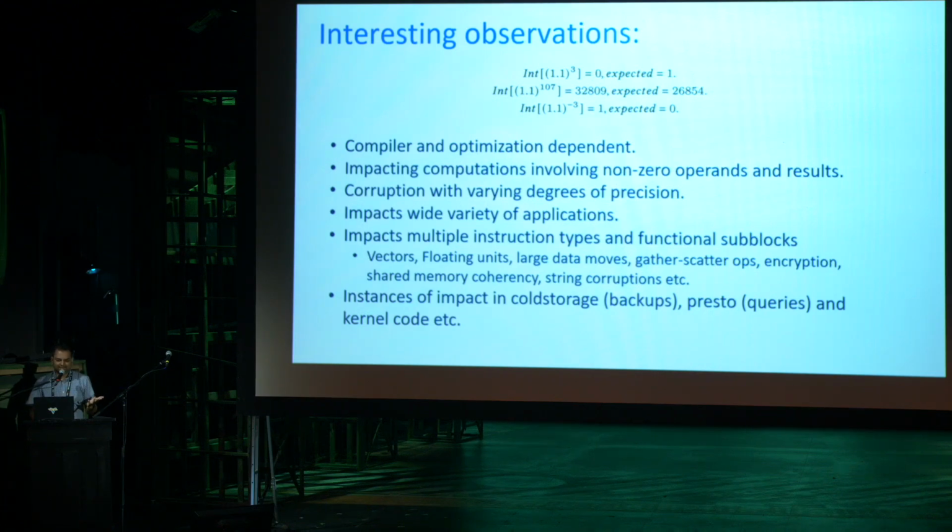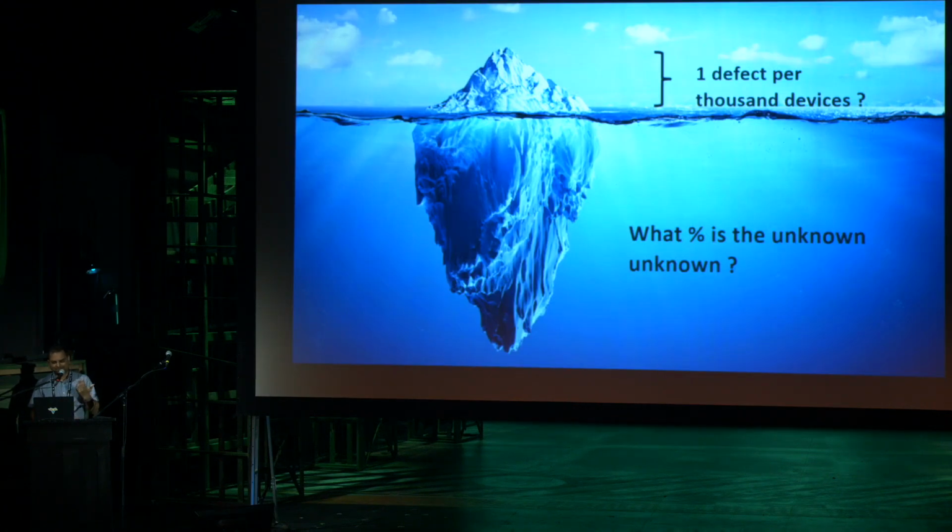So the takeaway here is we are saying that it is one defect per 1,000 devices, but what we really don't know is what percentage are the unknown unknowns, because all we can detect is at this rate, one defect per 1,000. There are still so many reproducers, so much assembly-level stuff which could be happening in the fleet, and we have no idea what percentage they are. That's what we are trying to solve using 3 different approaches.